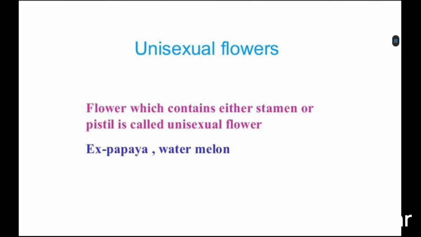Here you can see the unisexual flower, the flower which contains either stamen or pistil, any one. If it has the stamen, the male part, then we say it is a male flower. If it has the pistil, then we say it is a female flower. The main examples are papaya, watermelon, even nutmeg, etc. In this also you can see another category.